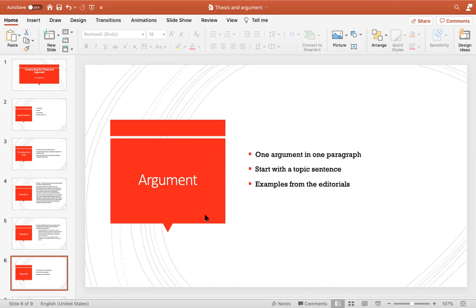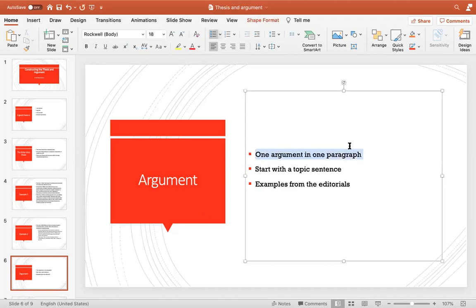Second paragraph, first argument. Third paragraph, second argument. Fourth paragraph, third argument. So if you write 3 arguments in 3 paragraphs, each paragraph of 100 to 150 words, that should look just fine. Now, this is the first thing I want to tell you about the argument part: one argument in one paragraph.